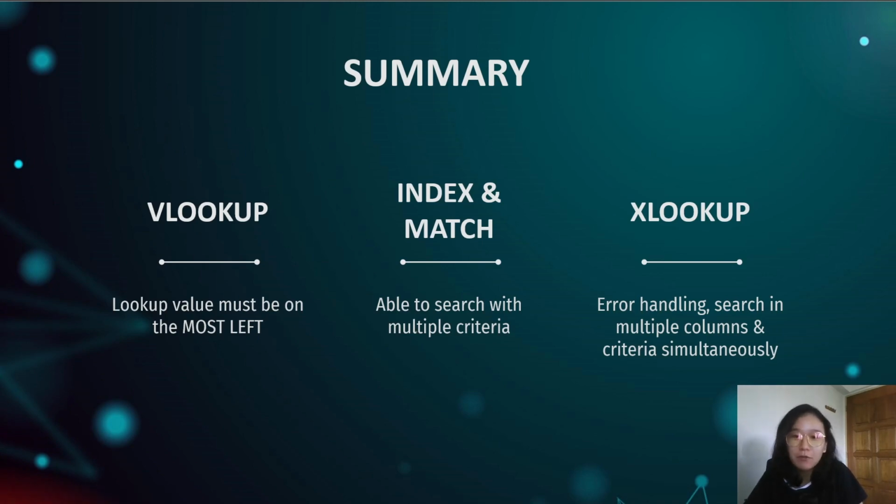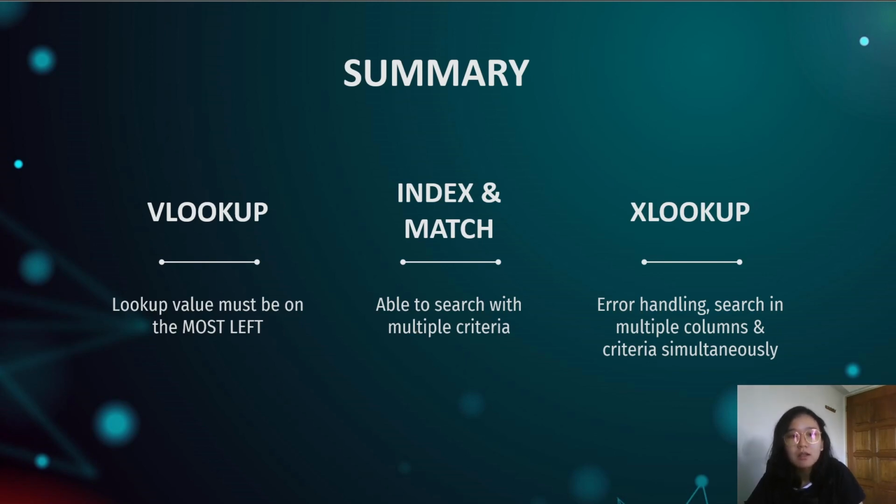Alright, now before we wrap up this video, I just want to go through with you a brief summary between these three formulas. So as we can see in the previous samples, VLOOKUP comes up with an error for all three cases. The reason being that the lookup value must be on the most left of the table.